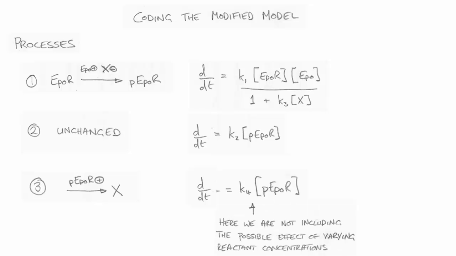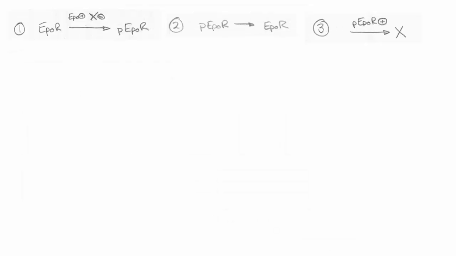And what you see there is we're not including anything else that might affect the rate of production of X. So we're assuming that we can ignore anything apart from the phosphorylated receptors having an effect on the rate of production of X. So we've got our processes and rate equations for those.